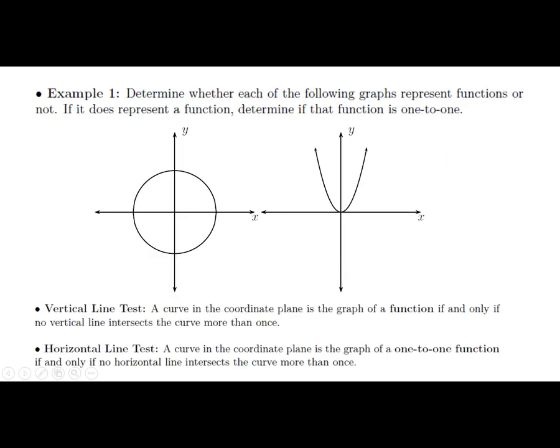All right, let's do two more examples here. All right, so here, just determining if this is a function, let's go to this x value right here. If I go up here, I see that there's a y value associated with this particular x value up here, but then there's also another one down here. So what I have is an x value, or an input, giving me two different outputs.